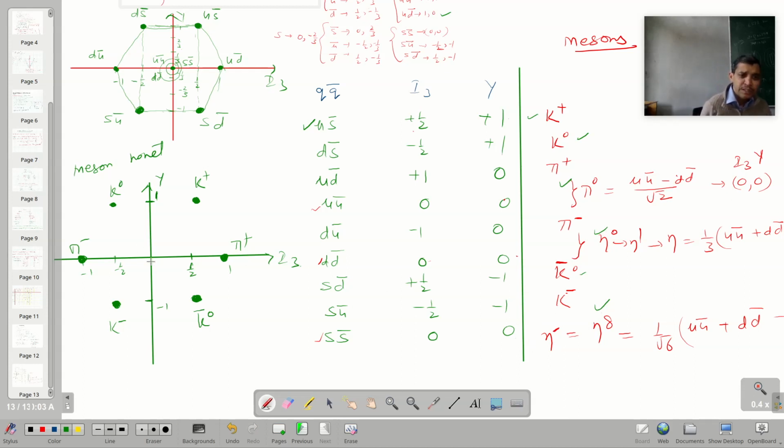So that means it represents 3 points, all at 0, 0.